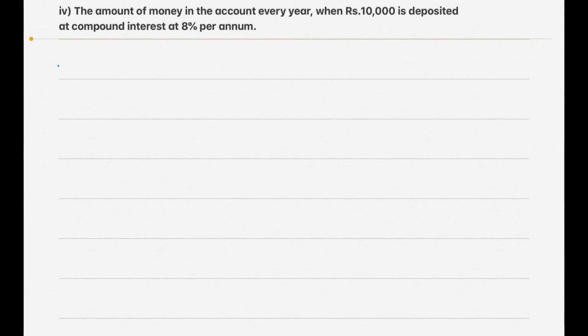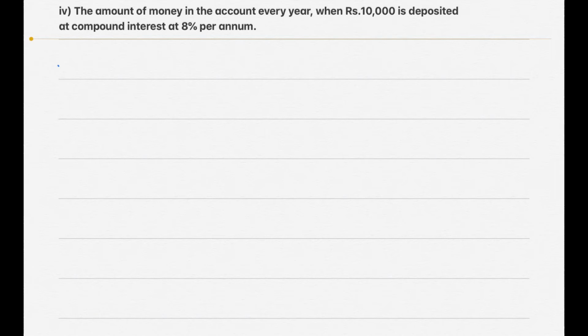So each year we get the same amount as interest. But in compound interest, we get interest on the interest which we got in the previous year. Suppose interest is compounded yearly, so we calculate the interest for 1 year, and then that is added to the principal account. So every year it will be different.